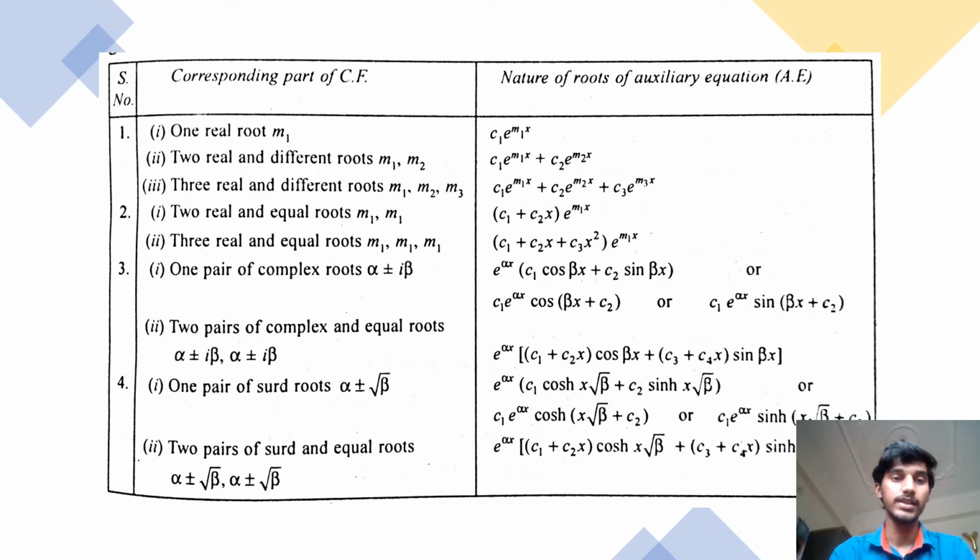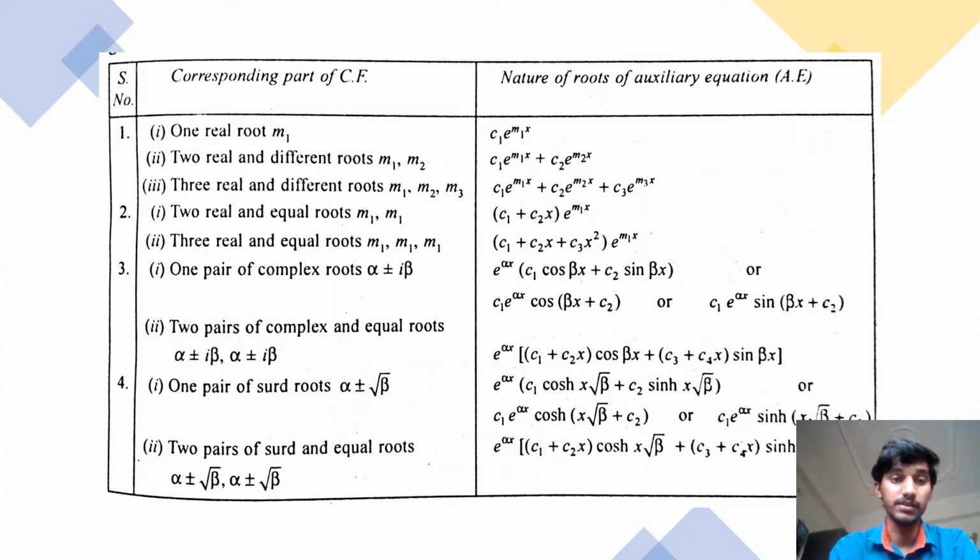In this table, we can see the corresponding part of CF for the nature of roots of the auxiliary equation. If one root is real, then the CF will be c1 e to the power of m1 x. If two roots are real and different, m1, m2, then c1 e to the power of m1 x plus c2 e to the power of m2 x.